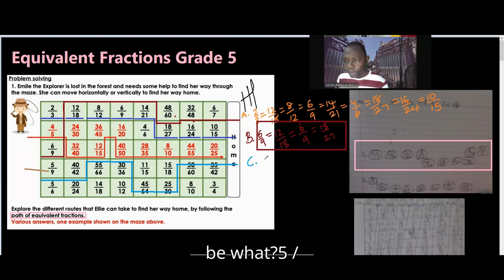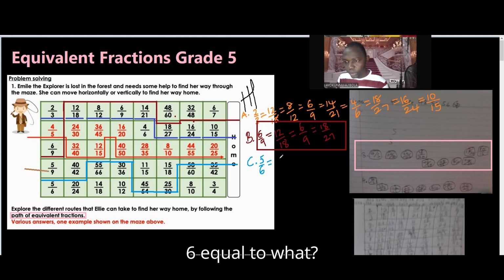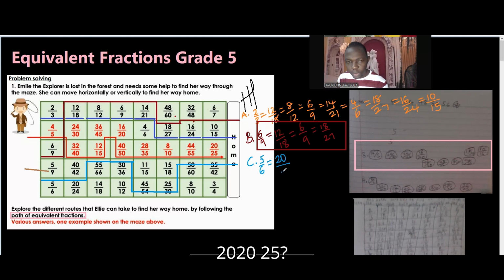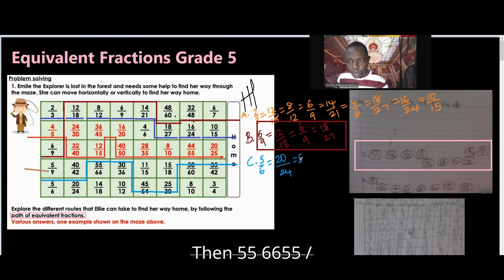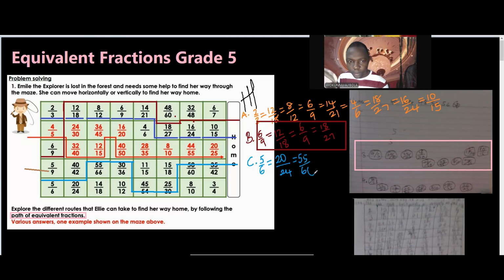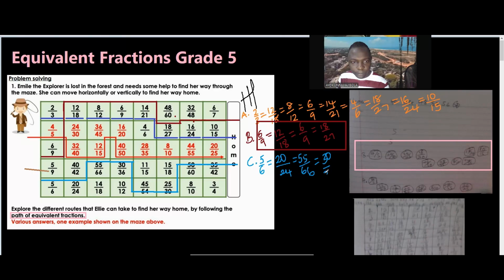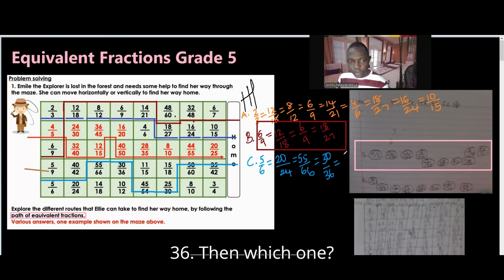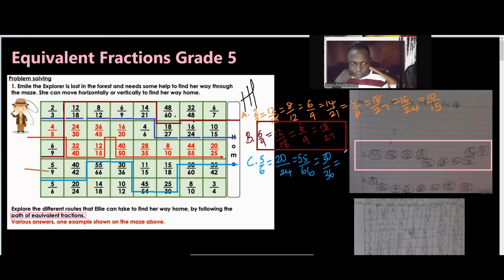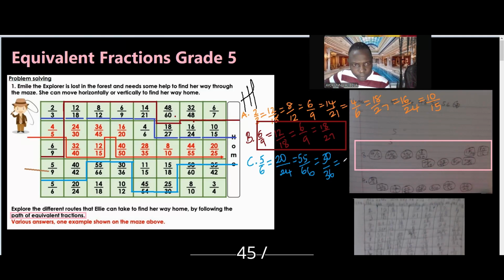And that will be what? 5 over 6 equal to what? 20 over 24. Then 55 over 66. Then 30 over 36. Then which one? 45 over 54.